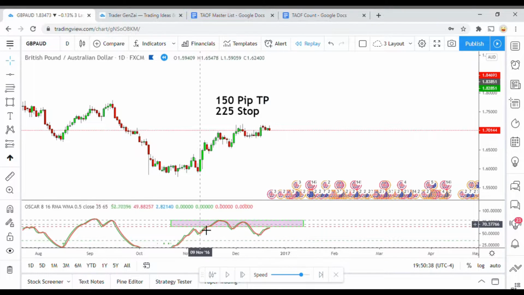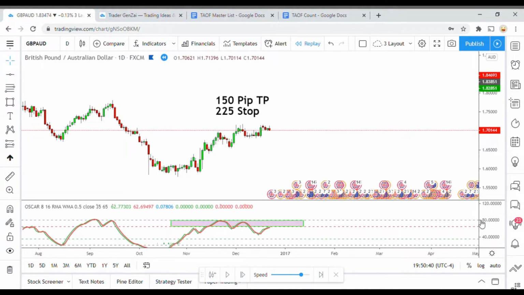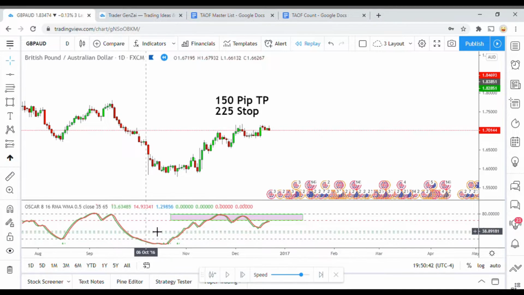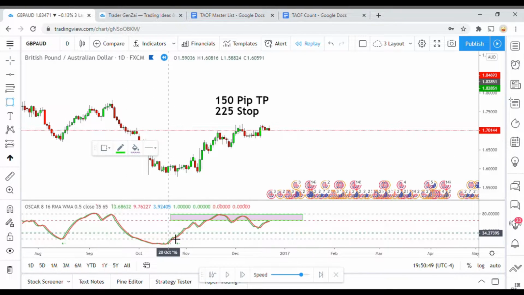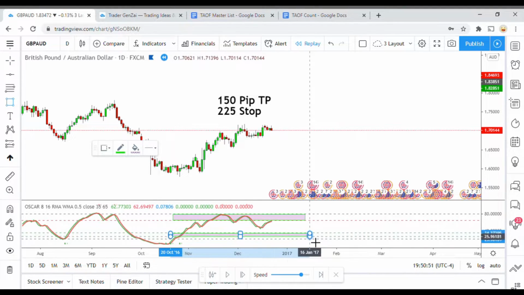There we go. And so there, for example, is the overbought area. And then there is the oversold area down here, like so.